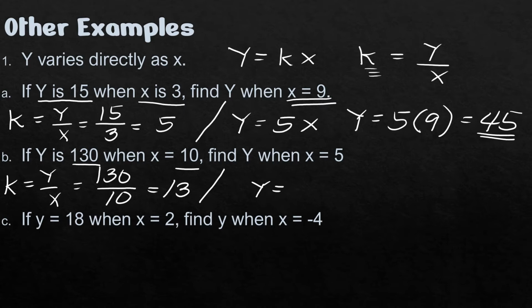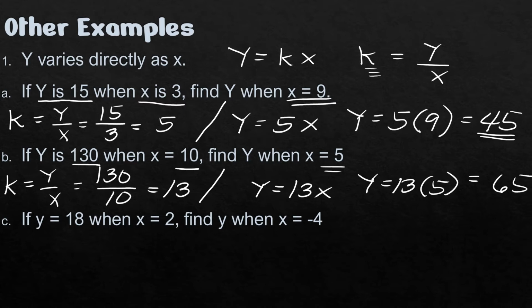Y is equal to, instead of k, we're going to write 13x. What is y when x is 5? So, 13 times 5 will be 65. And that is the answer for this question.